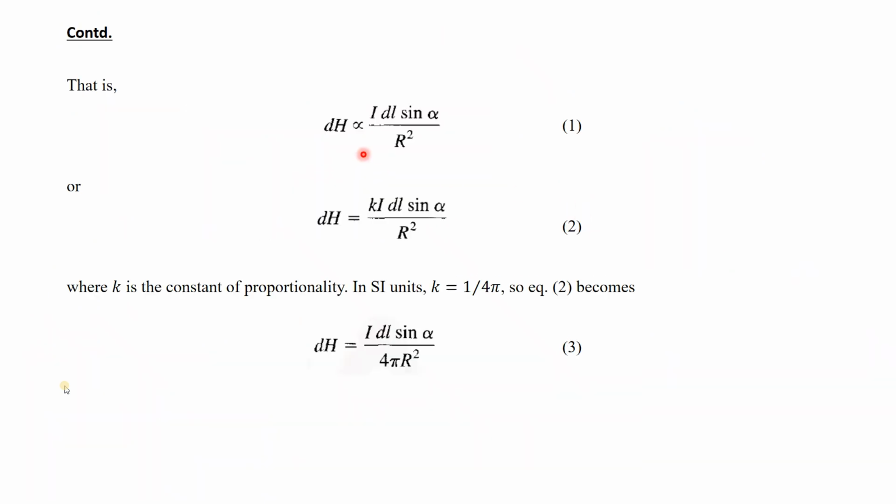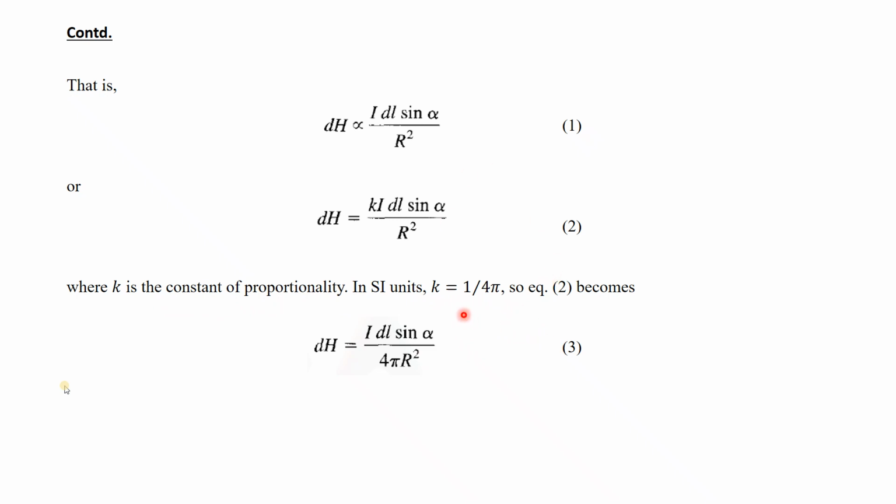If the distance is r, it is inversely proportional to the square of r. So the equation is: dH is proportional to IdL sine alpha by r square. Since it is proportional, we remove the proportionality sign and replace it with a constant. So dH equals k IdL sine alpha by r square, where k is the proportionality constant, and in SI units k is 1 by 4 pi.